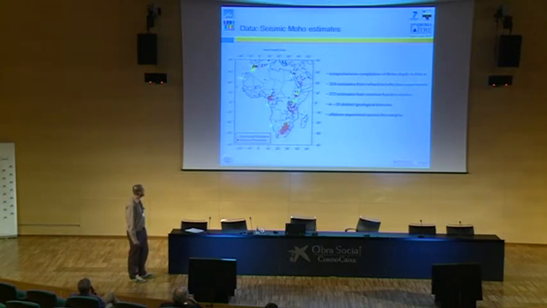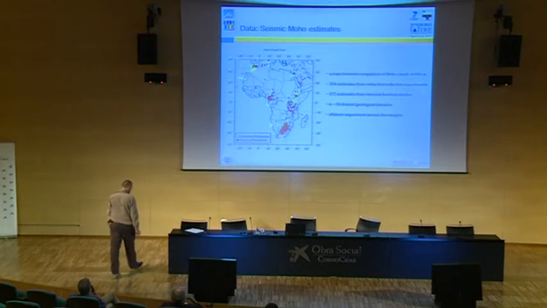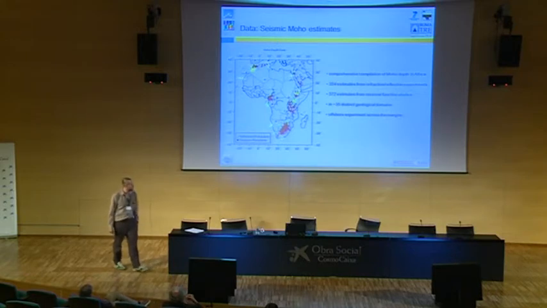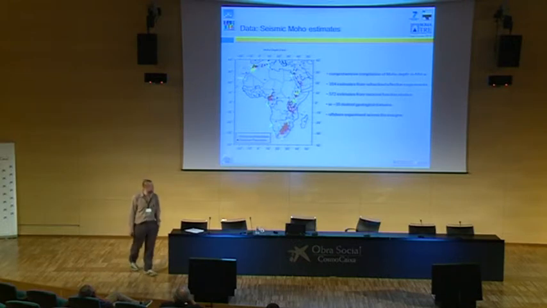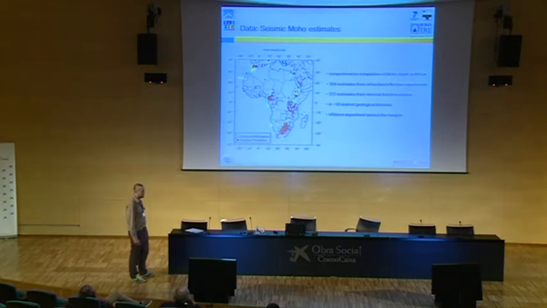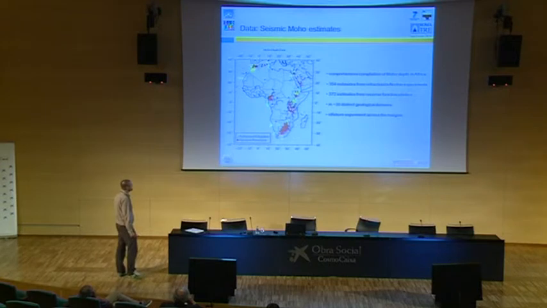Also, we collected a big compilation of information on crustal thickness in Africa, available from active and passive seismic experiments. As you see in the figure, red gives the location of temporary networks or permanent stations, and the yellow ones are seismic data coming from active seismic experiments like reflection or refraction data, also across the margins to have a better idea of the transition from the continent to the ocean.